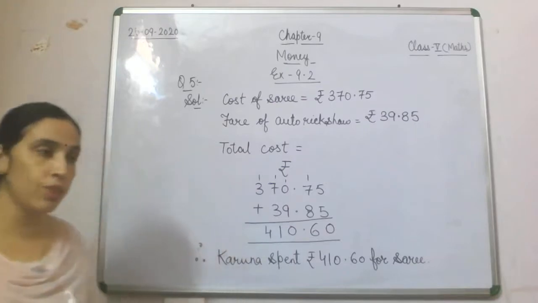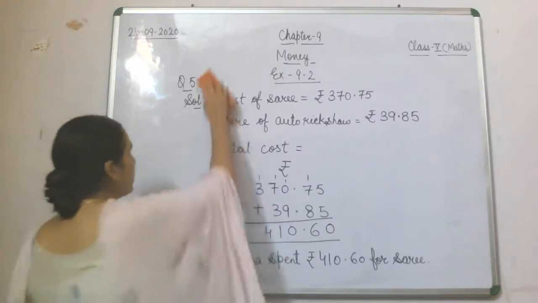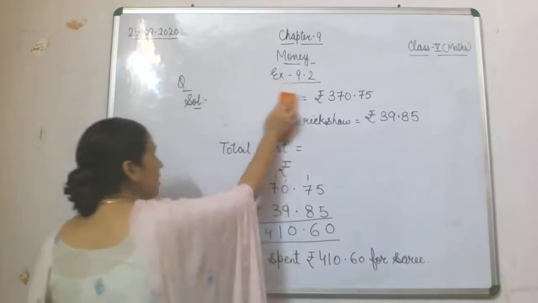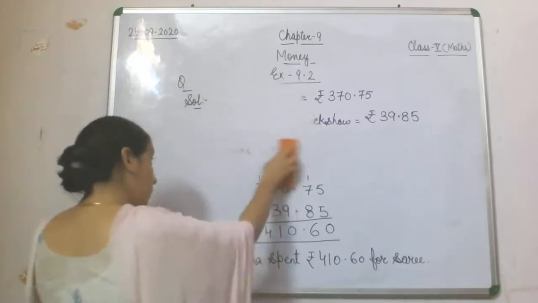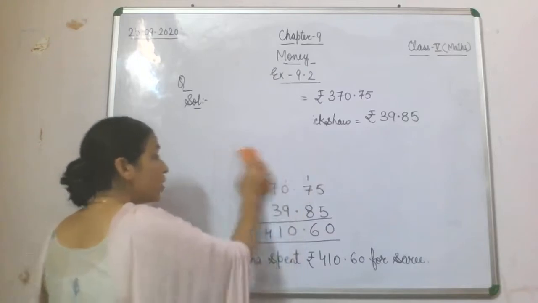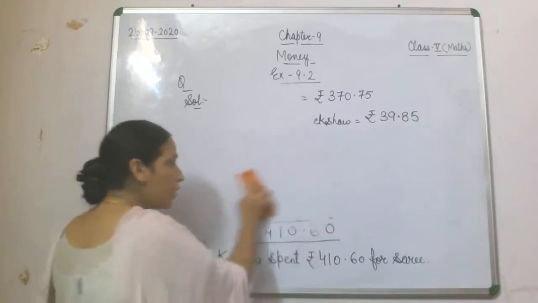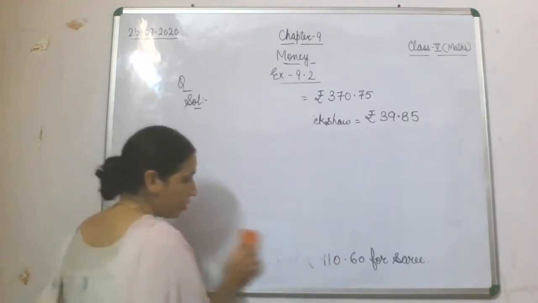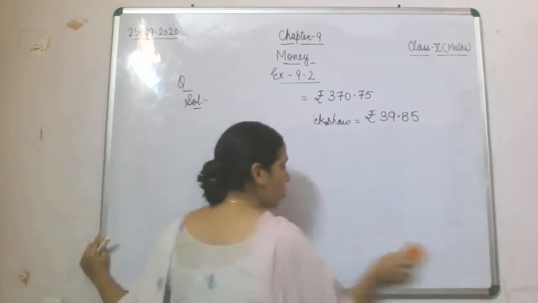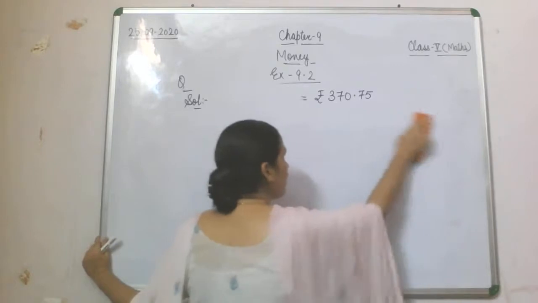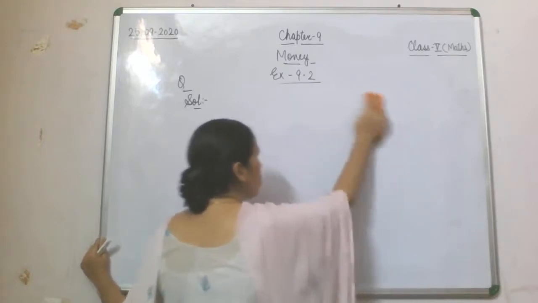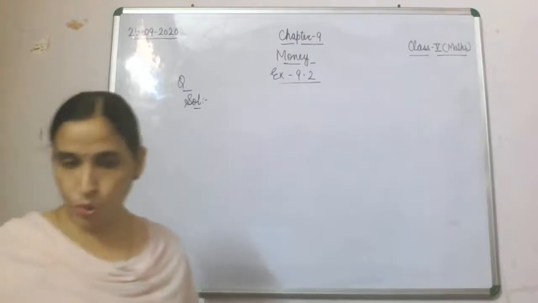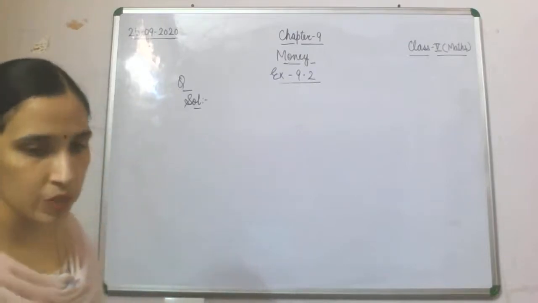See, here also we'll understand one more thing: when we are going to the market and eating anything from a restaurant, or taking juice or whatever, all the eatables are also included in that total cost. That is yet another thing which you have to remember. So let's start question number 6.